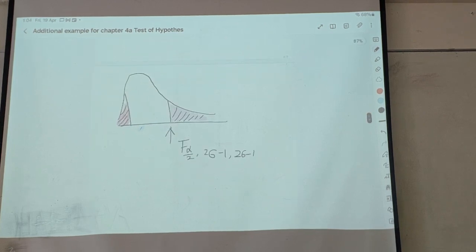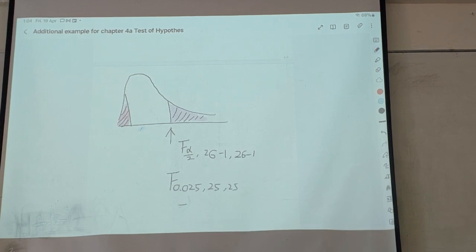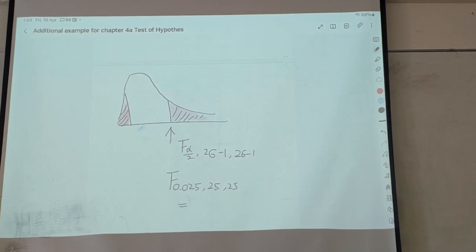Okay, so from the F test, could you find 0.025, 25, and 25? Could you find this value from the appendix? F, the nearest, sometimes you cannot get the exact value.